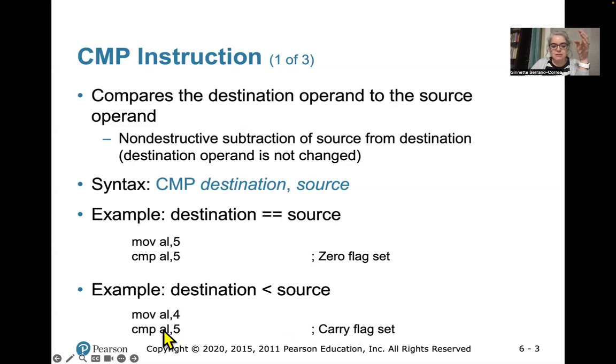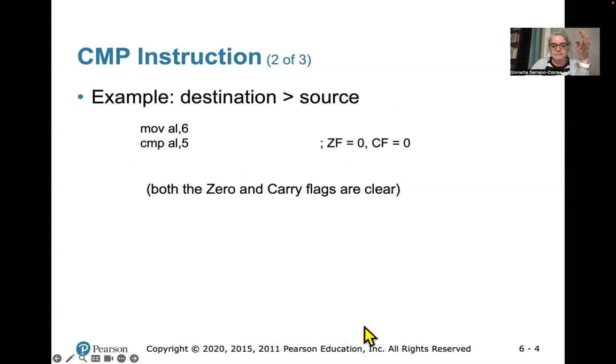So destination, AL, is 4. Is 4 less than 5? Yes. We set the carry flag. If the destination is greater than the source, so AL is 6, 6 is greater than 5, both the zero flag and the carry flag get cleared.